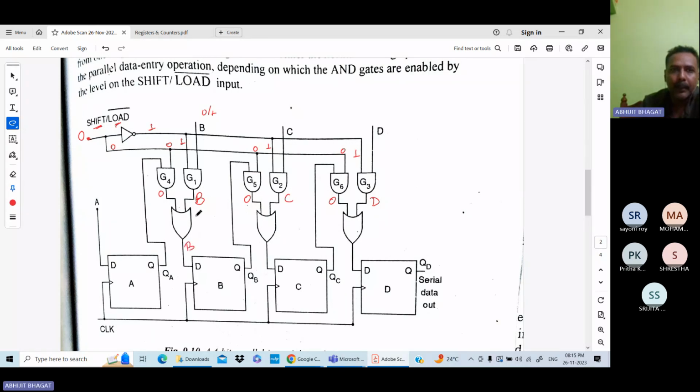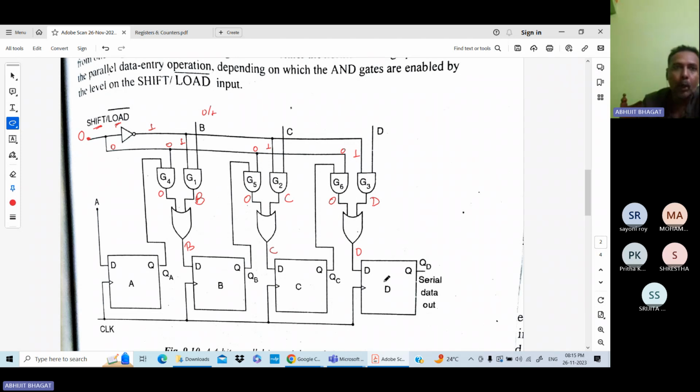B. अगर B 0 होगा तो ये 0 होगा, अगर ये 1 होगा तो 1 होगा. ओके, तो here from this D terminal, from the input terminal, your data is loaded in the flip-flop. Okay, same here, it is OR gate, here C. So your data is loaded in this flip-flop. Same here, it is D, means your data is loaded in the flip-flop.